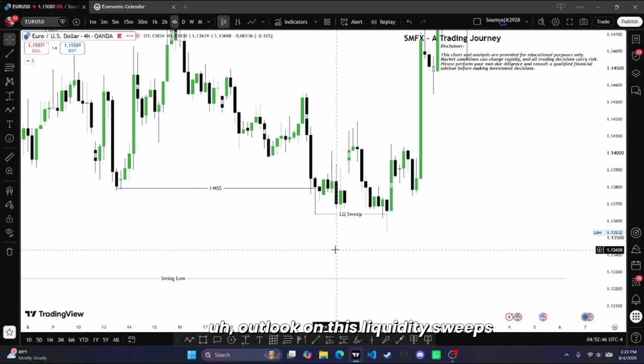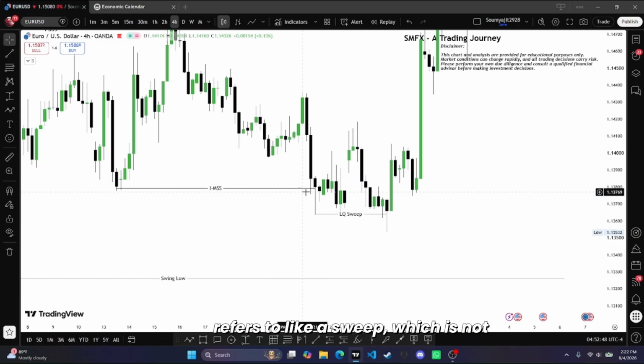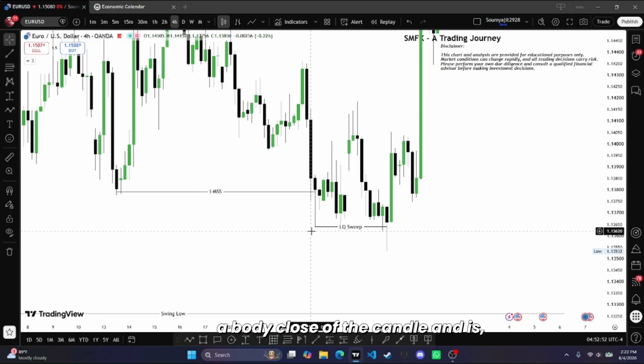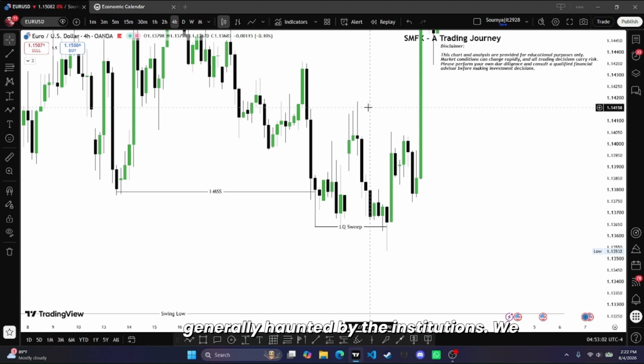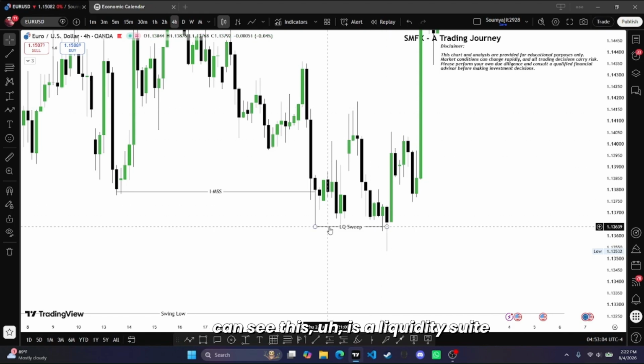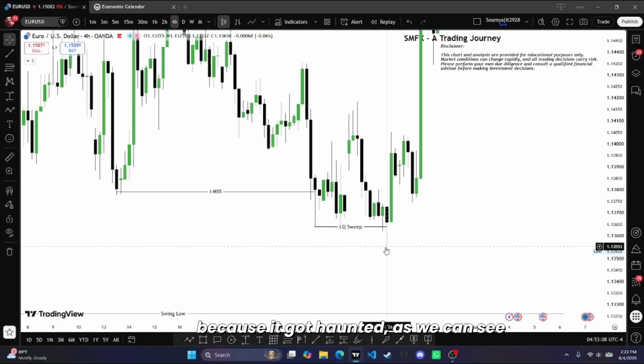Liquidity sweeps refer to a sweep which is not a body close of a candle, and it occurs at areas where retail traders, or traders like us, put our SL, and that is generally hunted by the institutions. We can see this is a liquidity sweep because it got hunted, as we can see by using this candle as a rejection, or just a wick.